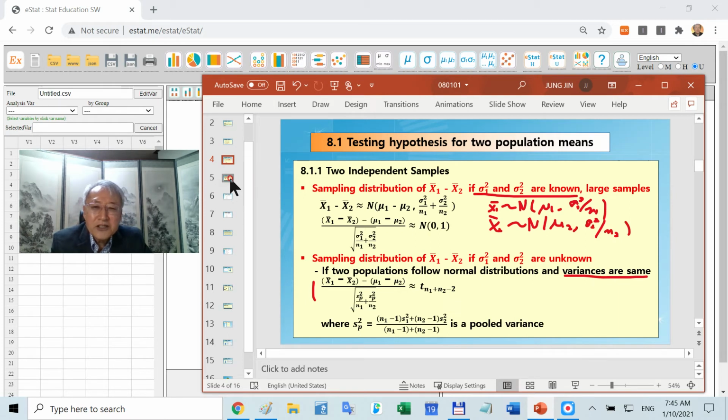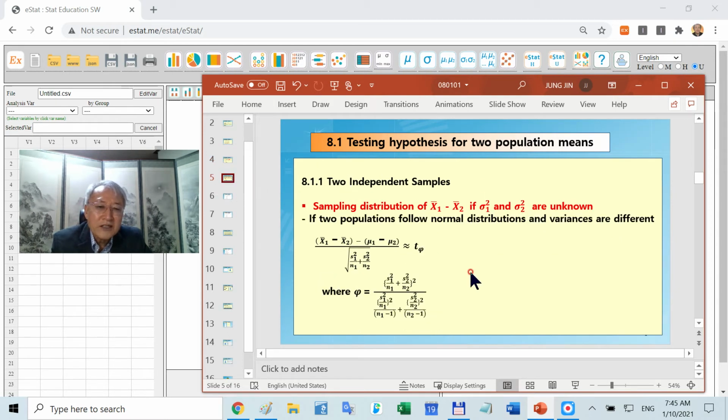What would happen if you cannot assume the variances are the same? Then there is some slight variation. It looks like this. If it is unknown, it is again a T distribution, but the degree of freedom is approximately calculated using a complicated formula like this.